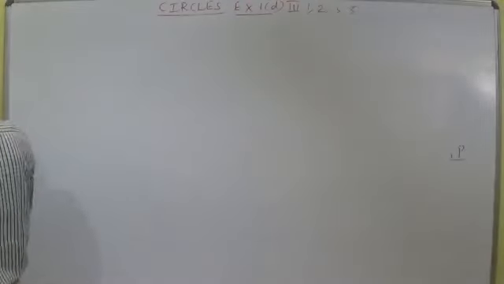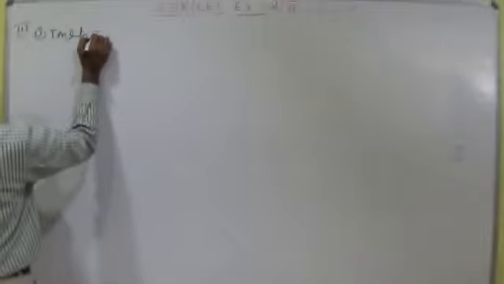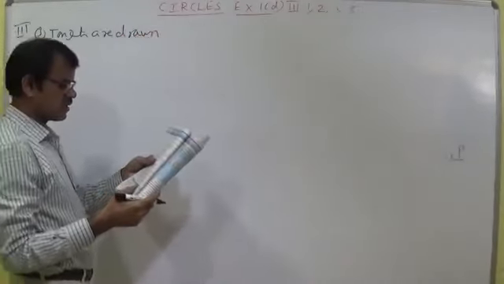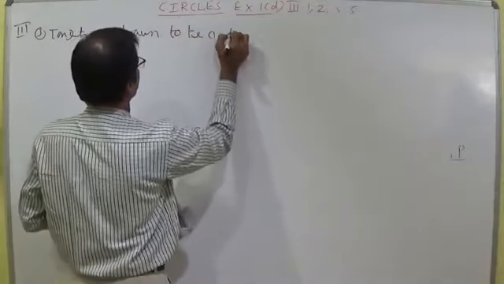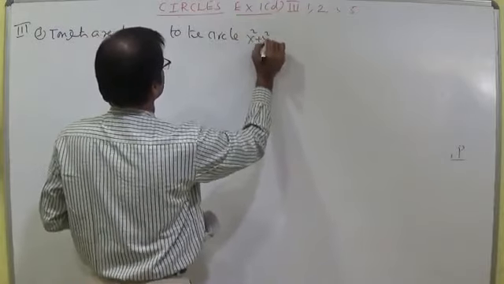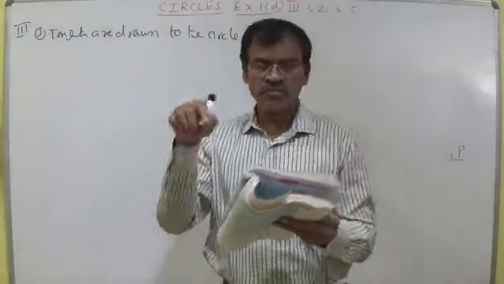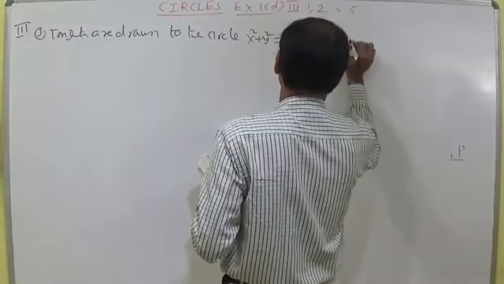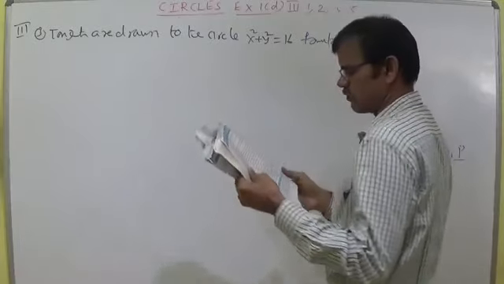Roman number 3, third question. Tangents are drawn to the circle x square plus y square equal to 16 from the point P (3, 5).